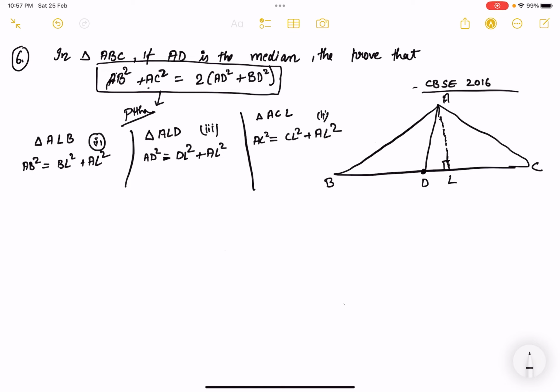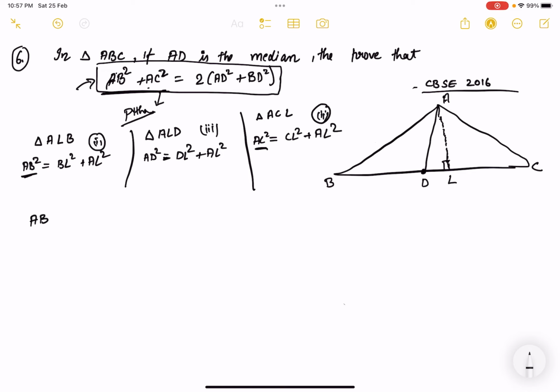Adding equation 1 and 2. Why are we adding 1 and 2? Because here we have AB square and here we have AC square. If we add these two, we will get the LHS of our final expression. So let's add equation 1 and 2.